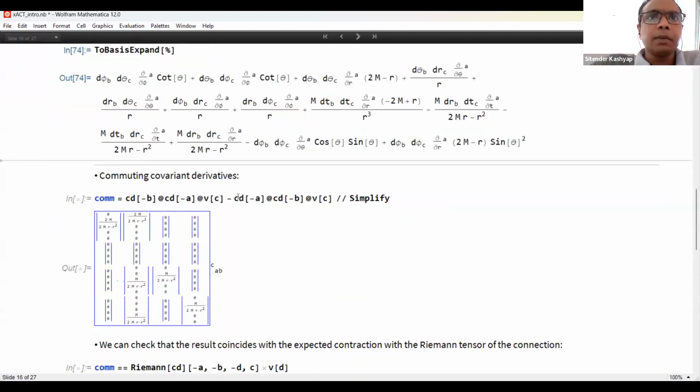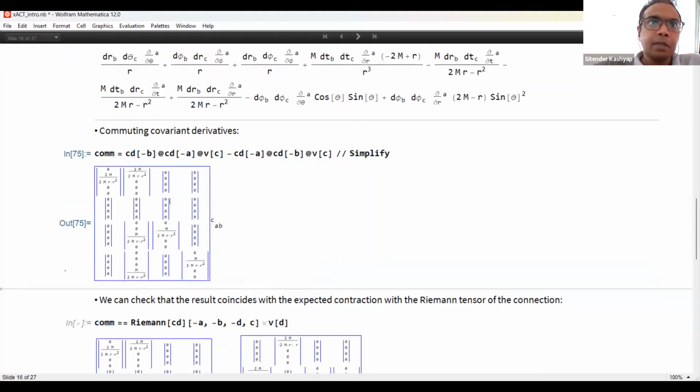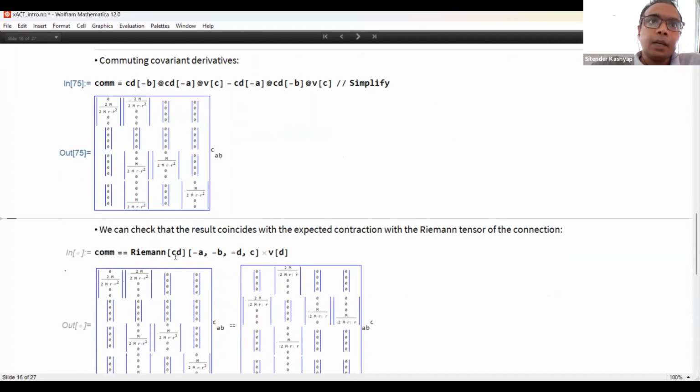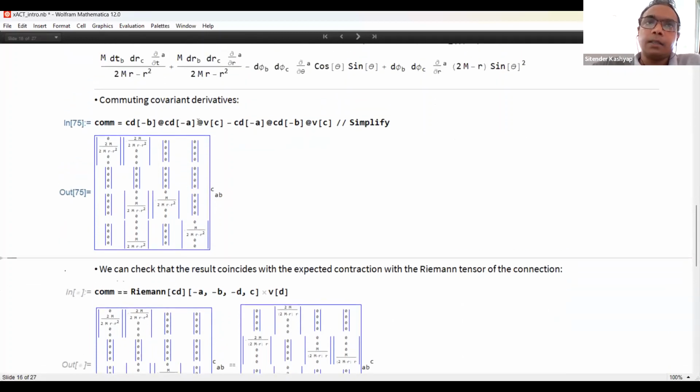Once again, let's commute the covariant derivatives and see the differences. It very simply does this. But is this equal to the answer that we want? We know that the commutation of covariant derivatives on a vector is proportional to the Riemann tensor, as we have already seen.